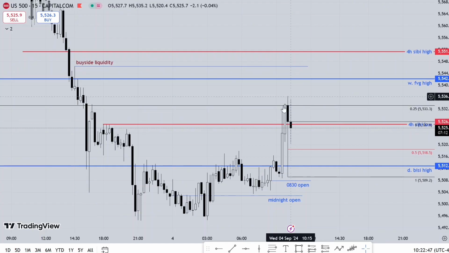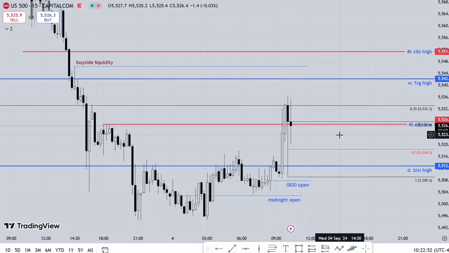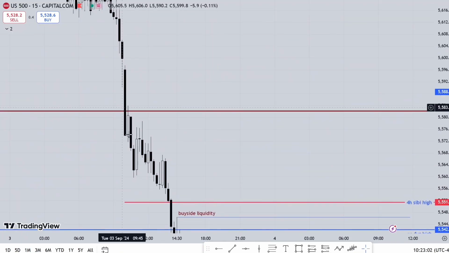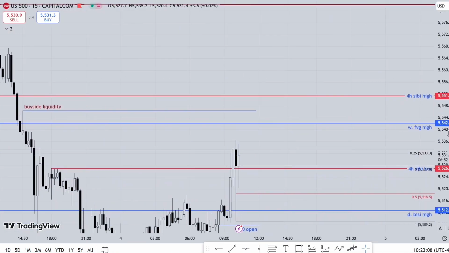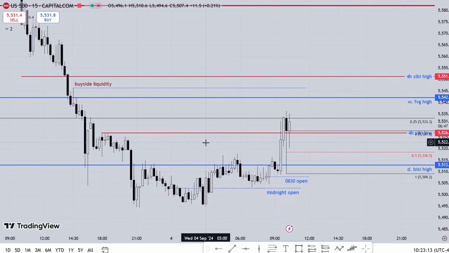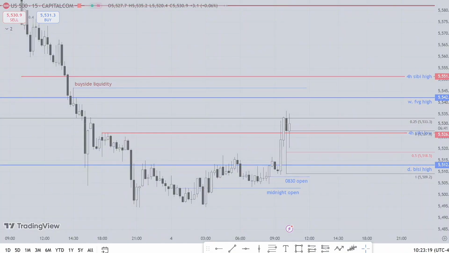So we are currently trying to facilitate the second stage of a market maker buy model. Say this is the short-term draw on liquidity, then here you have this consolidation, and also this volume imbalance here. But we'll see. So this is how you implement the idea of top-down analysis into your trading, from higher time frames down to the lower time frames.